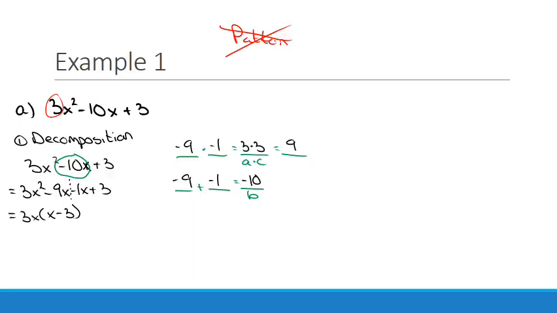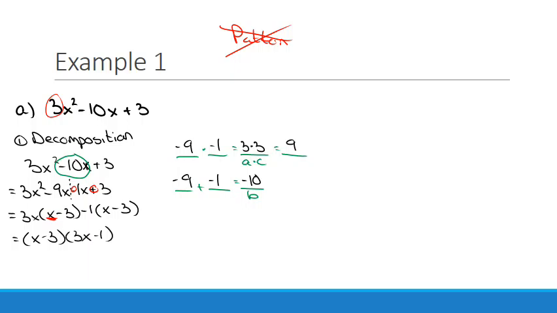I know I want my x to be positive here, so I have to pull out a negative 1. That makes this first x positive, and then positive divided by negative is negative 3. So my brackets match. I know I'm good to go: x minus 3, 3x minus 1.